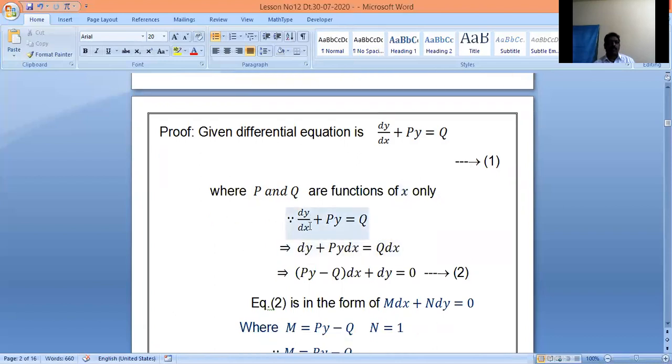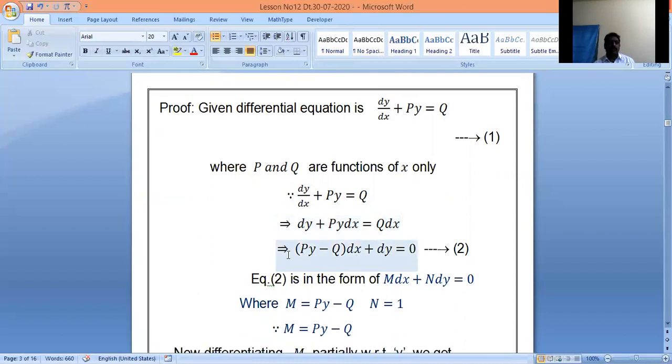Since dy by dx plus py is equal to q, that implies dy plus py dx is equal to q into dx. This can be written as py minus q into dx plus dy is equal to 0. Let this equation be 2.